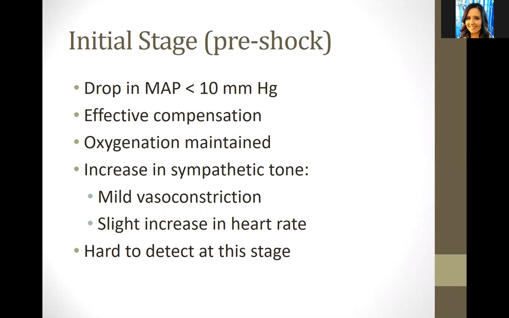You have an increase in your sympathetic tone related to that compensation. So you get a mild vasoconstriction and a slight increase in heart rate. Now, this increase in heart rate is not enough to be abnormal. So it's still within normal limits. But for example, say if your heart rate normally runs about 70s, maybe you're in the 80s now. It is hard to detect at this stage.